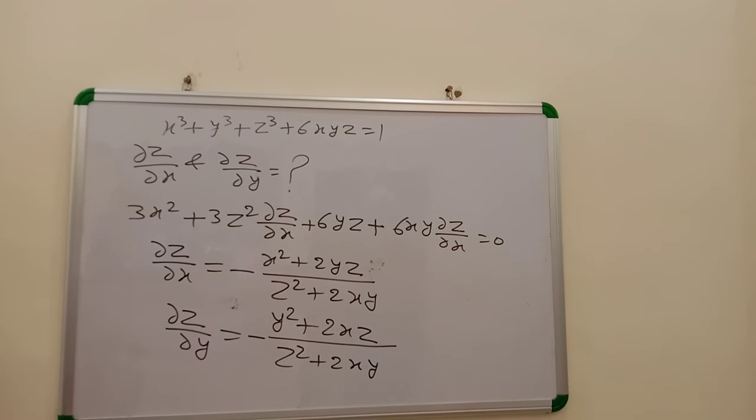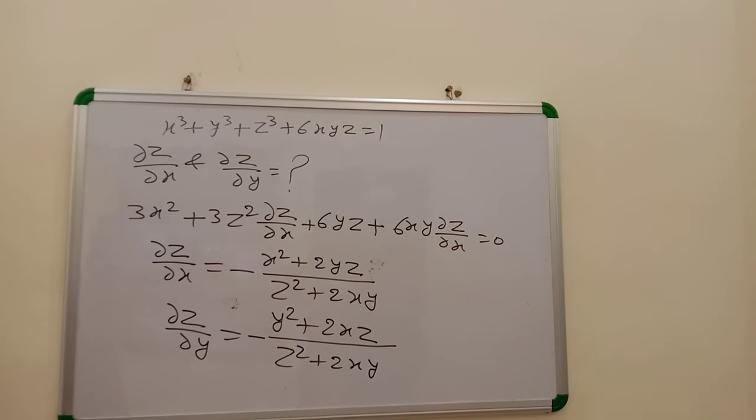Now we discuss higher order partial derivatives. If f is a function of two variables, then its partial derivatives del z over del x and del z over del y are also functions of two variables x and y.